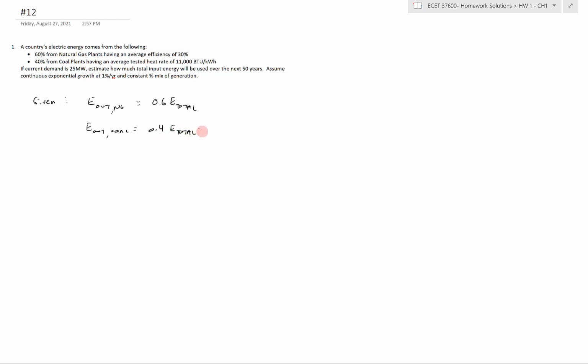That's just a mathematical way of saying the output is 60% of the total for natural gas and the output is 40% of the total for coal.